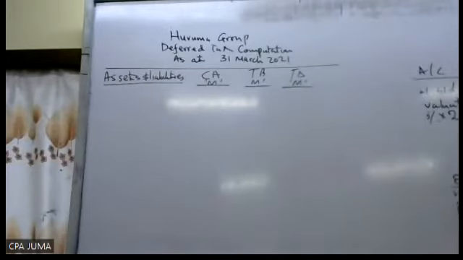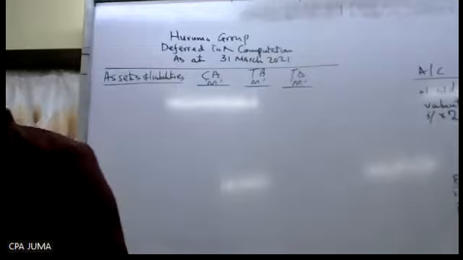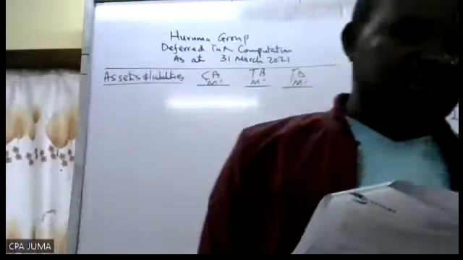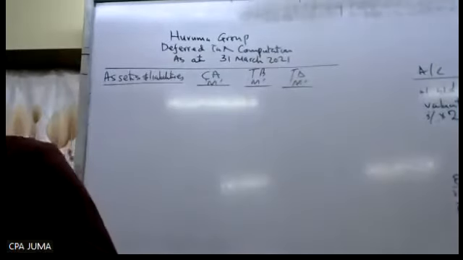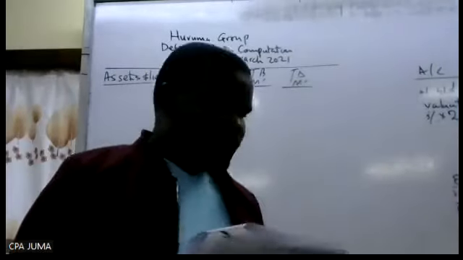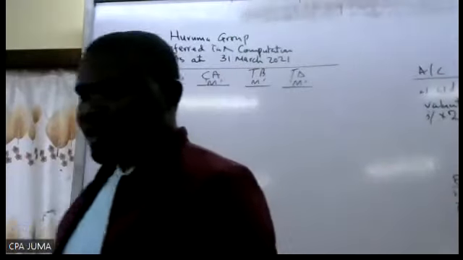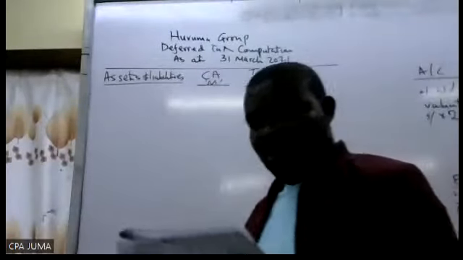So we read: Huruma Limited, a public limited company, has a portfolio of investments, including various subsidiaries, and also undertakes various projects varying from debt factoring to investing in property and commodities. The following information was extracted from the group financial statements relating to the deferred tax provision for 31st March 2021.